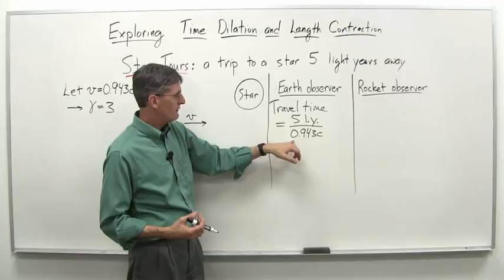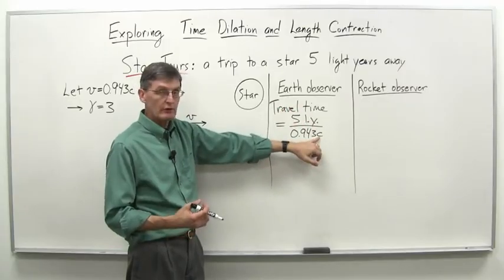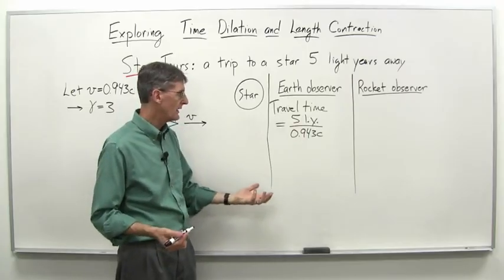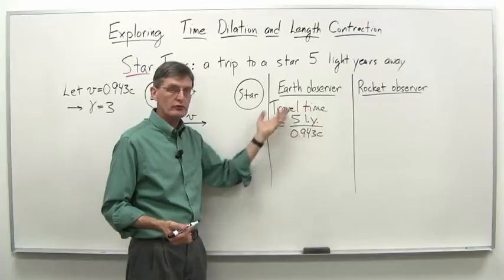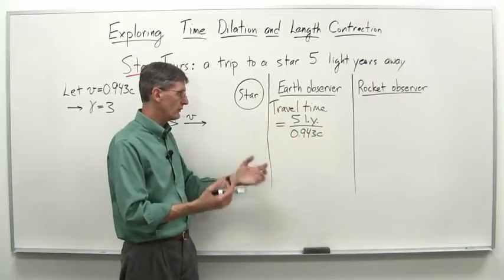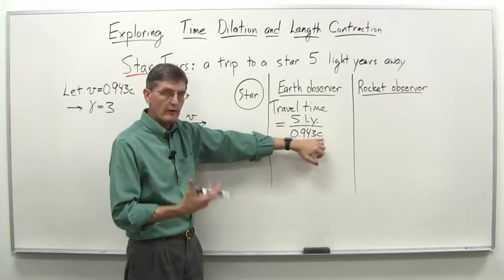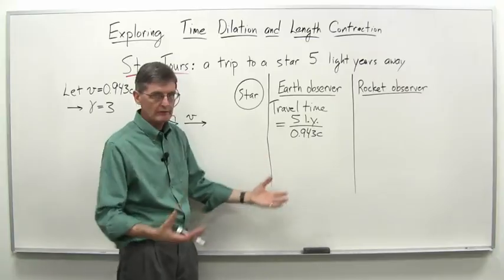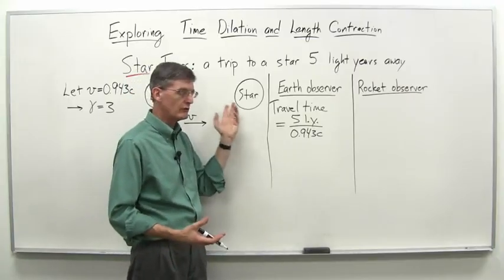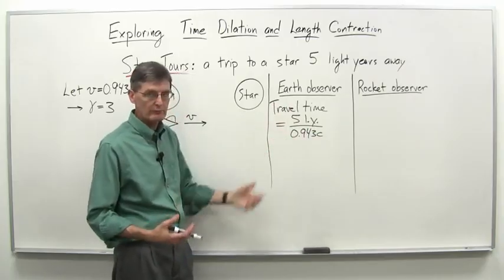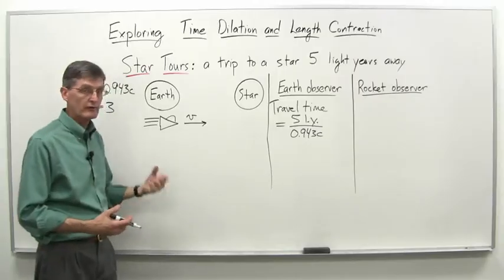And so we get 1 light year per year for c. So essentially we're just doing 5 divided by 0.943 as long as we're using units of years. If we were using light months, we'd have 1 light month per month for c, and the answer would be in months, and so on. As long as we keep track that we're using light years here, the answer of 5 divided by 0.943 is going to be the travel time in years.